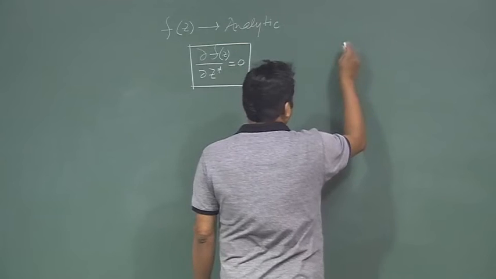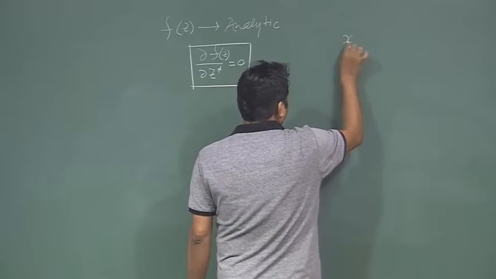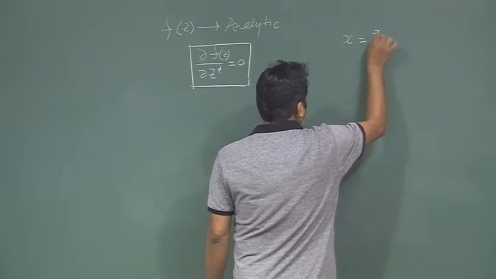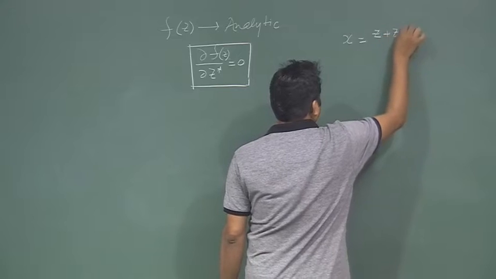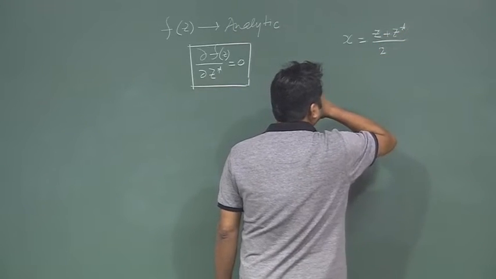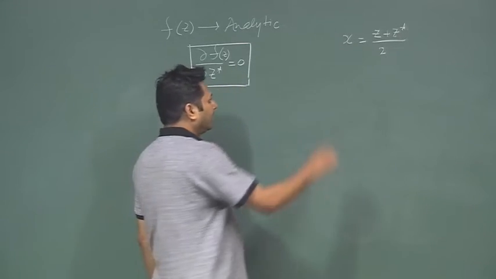So, what is my x? It is z plus z star divided by 2. I can write my x in this way.